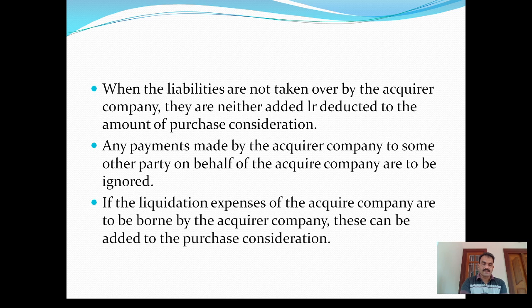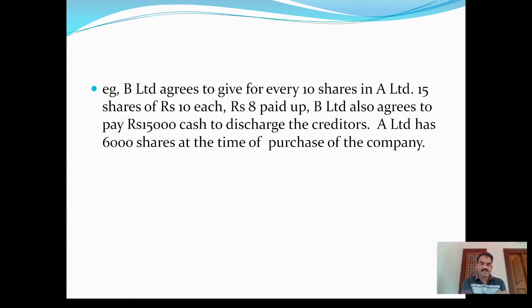For example, B Limited agreed to give for every 10 shares in A Limited, 15 shares of Rs. 10 each, Rs. 8 paid up. B Limited also agreed to pay Rs. 15,000 cash to discharge the creditors. A Limited has 6,000 shares at the time of purchase of the company.